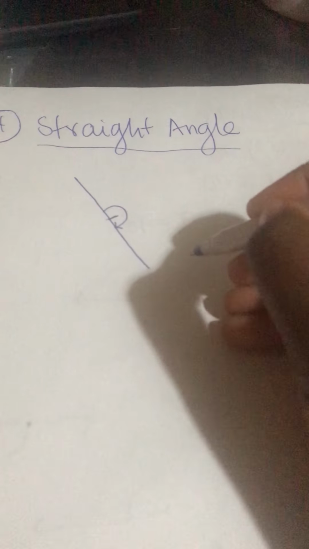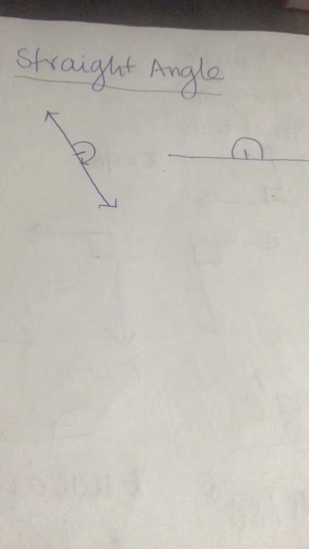Put a line here in the middle and draw like that. It can be horizontal. Remember, you're drawing angles, you should put the arrows at the end, the rays. Okay? It can be vertical.